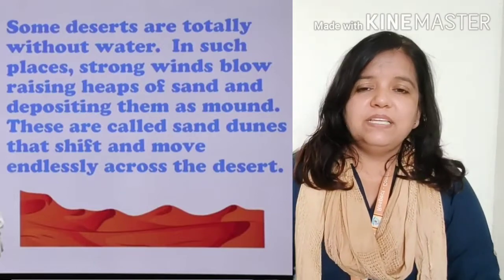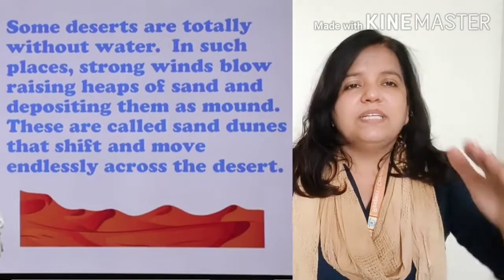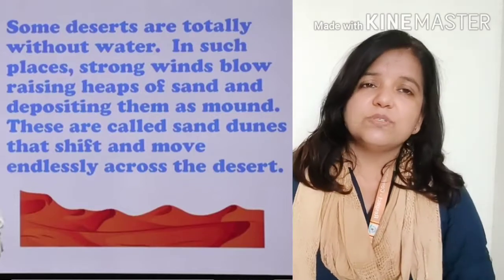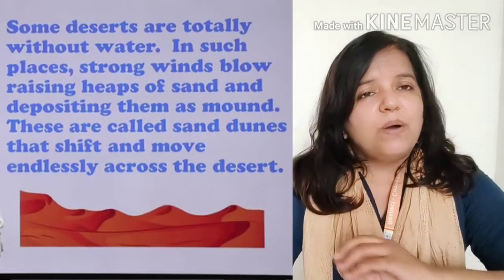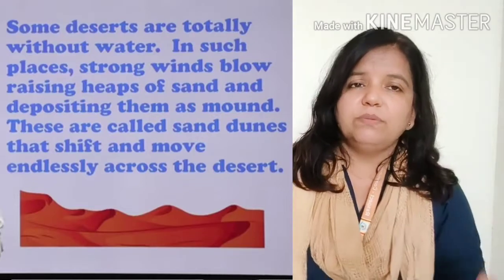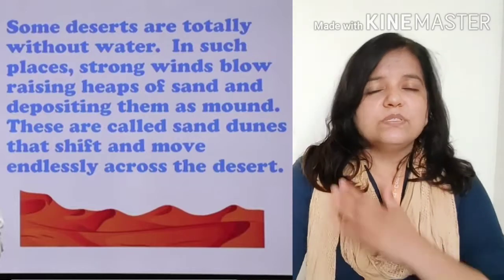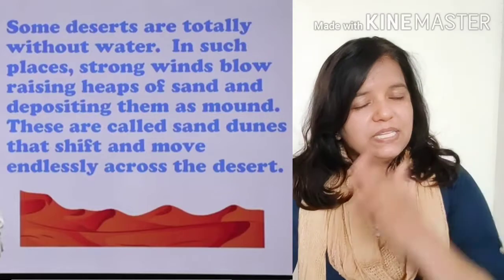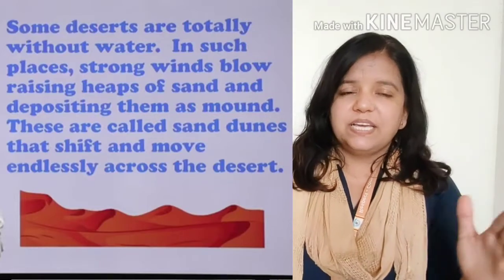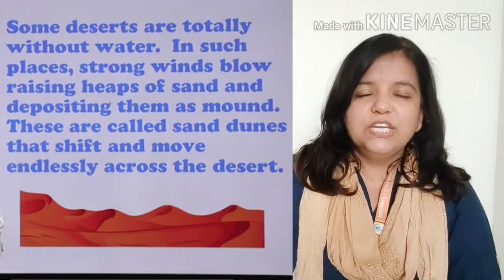It doesn't mean कि ये जो mountain बना है, sand dunes मतलब sand का mountain, ये ऐसा ही रहेगा. Whenever wind blows, it shifts the sand dunes, means the heaps of sand also keep on shifting.